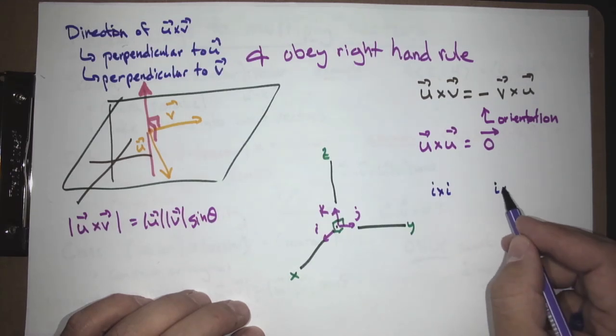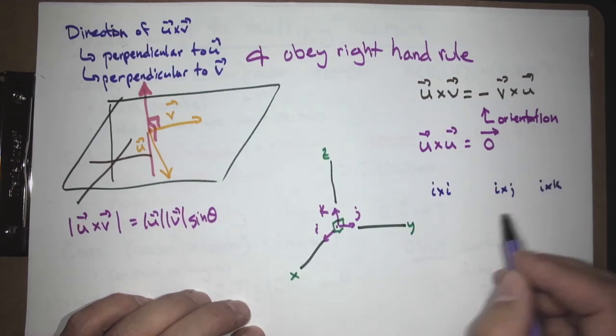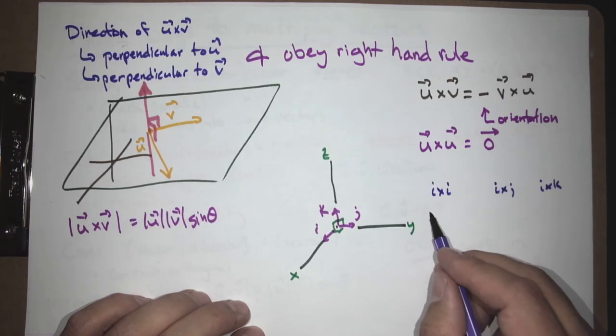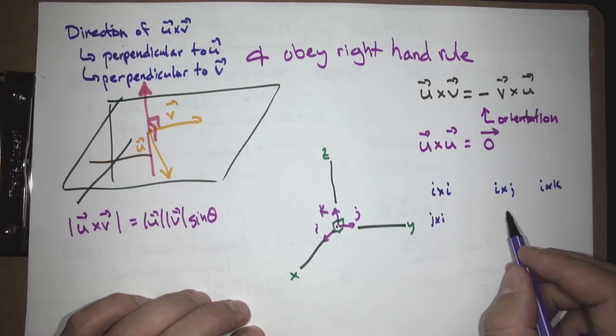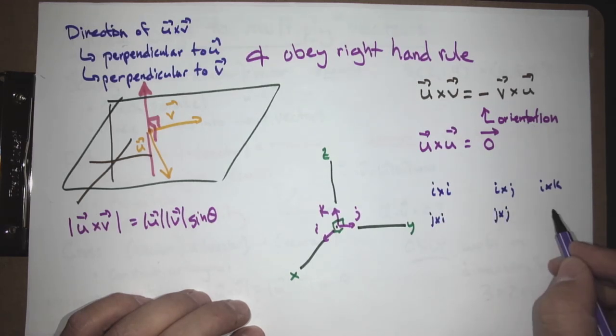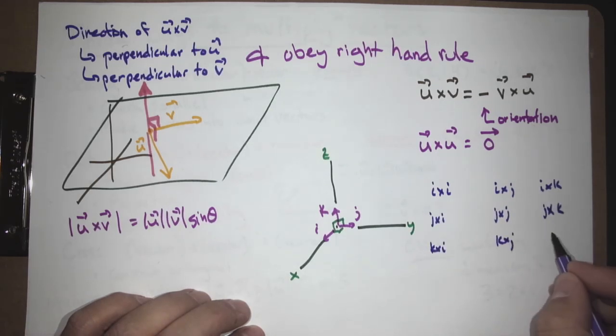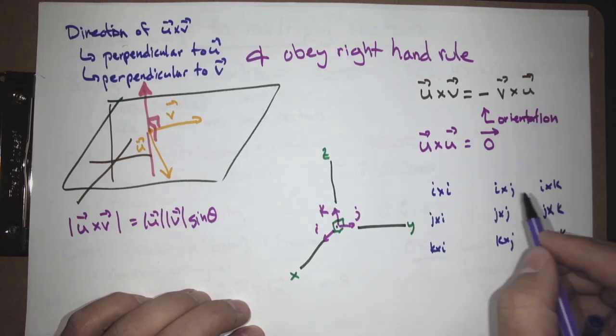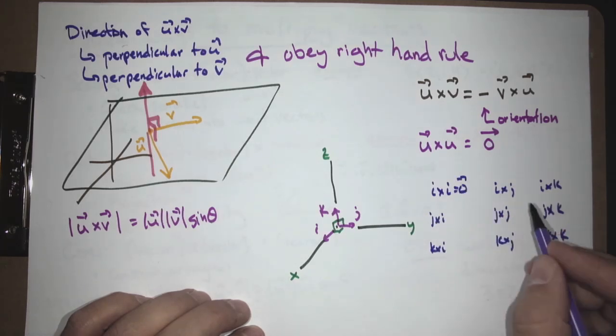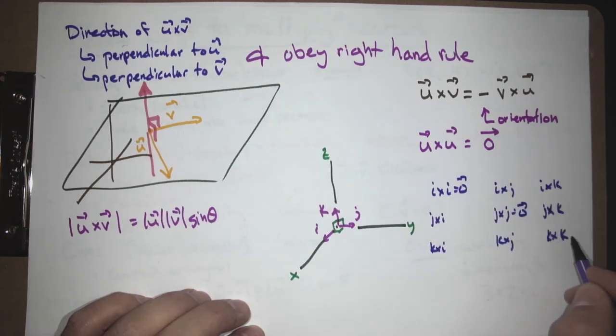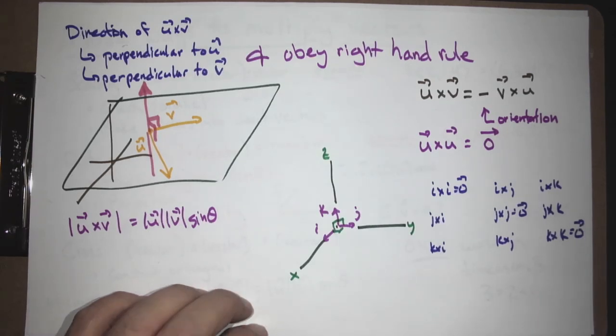So we have i cross j, i cross k. We'll do a quick j cross j, j cross k, k cross i, k cross j, k cross k. All right. So we know already i cross i, j cross j, k cross k, those are all zeros.